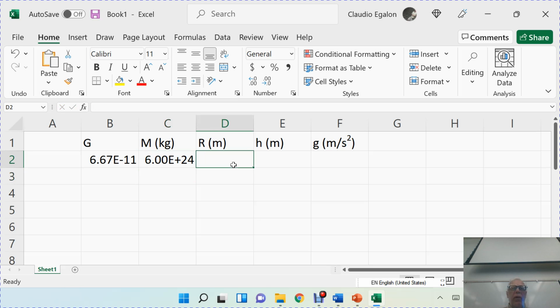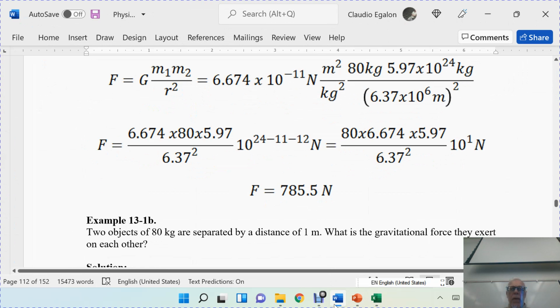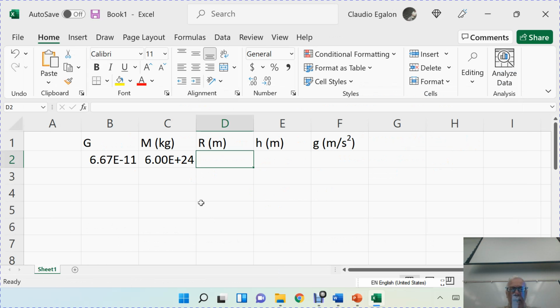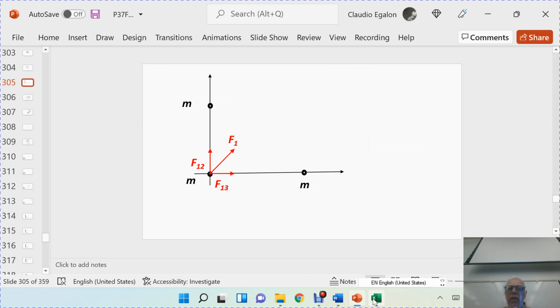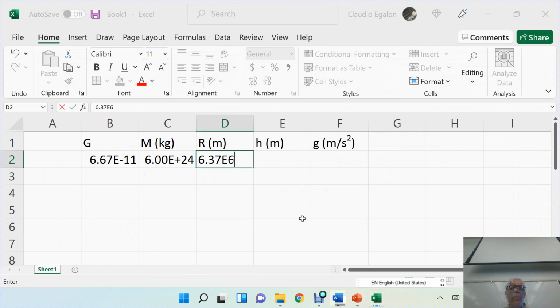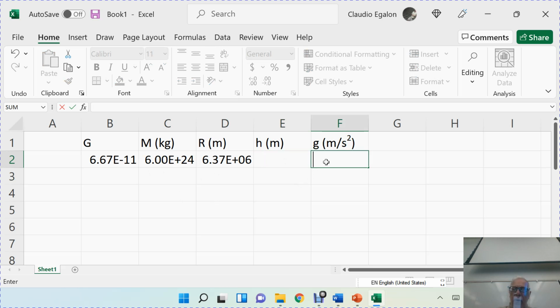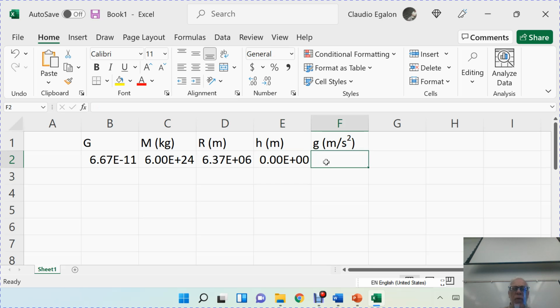And the radius of the Earth, we saw that before. 6.37 times 10 to the 6. All those are going to be constants. And I'm going to write down the equation. By the way, we're going to start at height 0, and little by little we are going to increase the height.